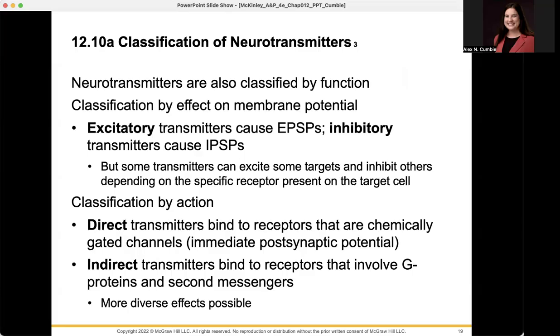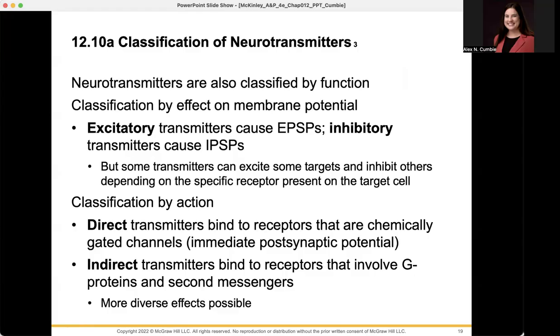Some neurotransmitters immediately create an effect. This would be direct: transmitters bind to receptors that are chemically gated, immediately creating that potential. Or they could be indirect. Some of the neurotransmitters bind, but they start downstream effects where we might involve certain things inside the cell, like G proteins and second messengers, which will have different effects inside the cell.